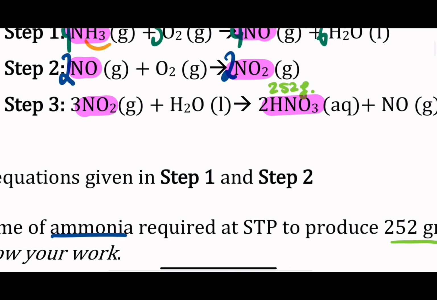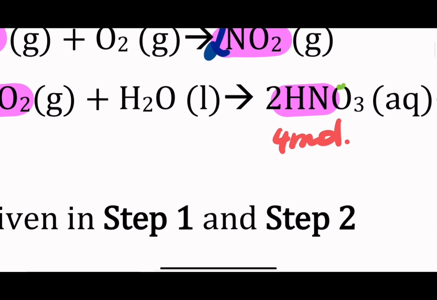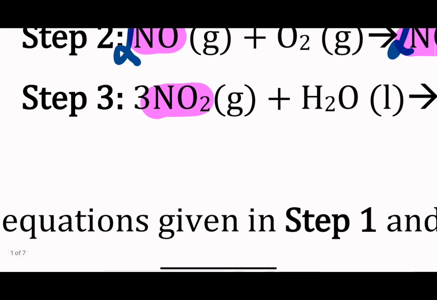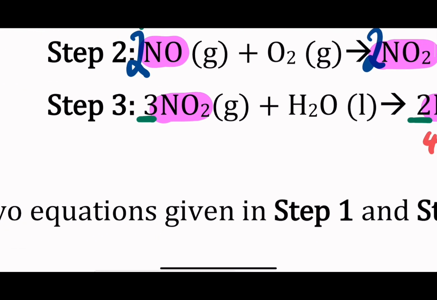Now we're gonna work our way backwards. So instead of 252, I'm gonna write here 4 mole. Now as you see from the balanced equation, so make sure you have the balanced equations, 2 moles of HNO3 comes from 3 moles of NO2, right?